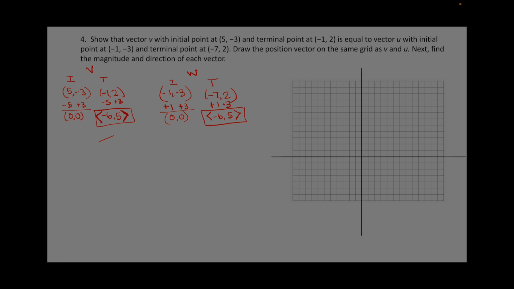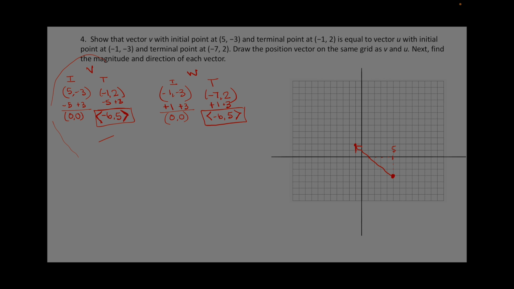So I'm going to go to vector v first. 1, 2, 3, 4, 5, -3, 1, 2, 3. This is the first coordinate point. T is -1, 2. So this right here in this direction is vector v.